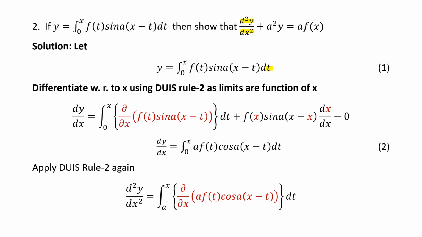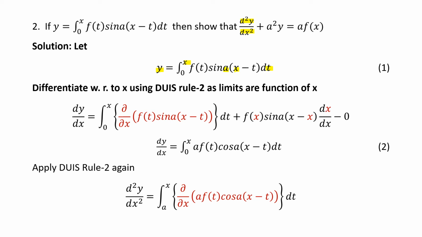That means we are considering y as a function of x, so x will be our parameter. So x is our parameter and x is appearing here in the function and the upper limit. Now other than x and t we have here a, so a is our constant.